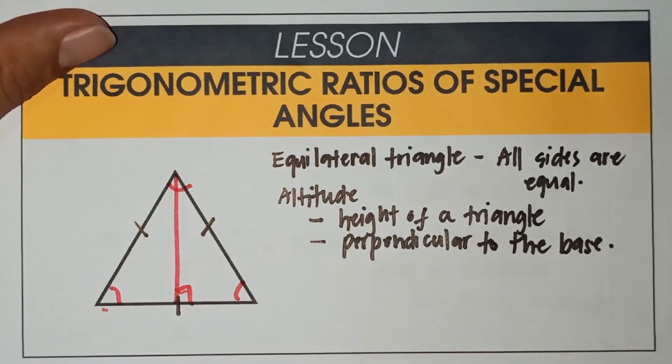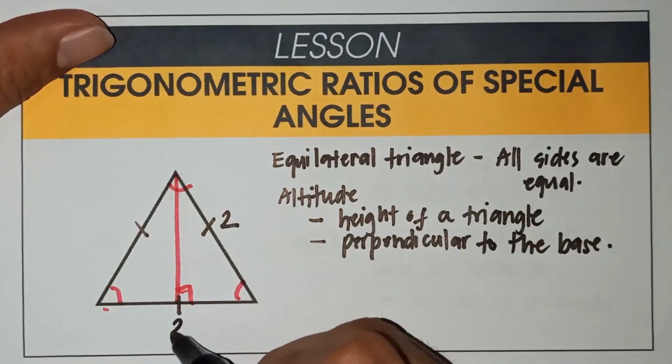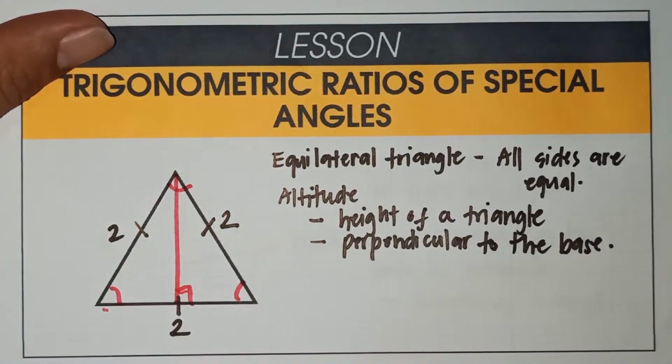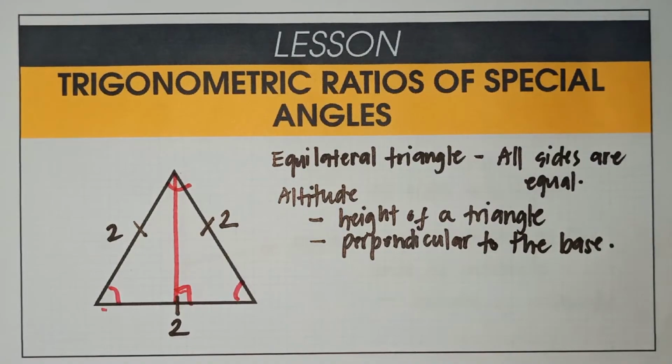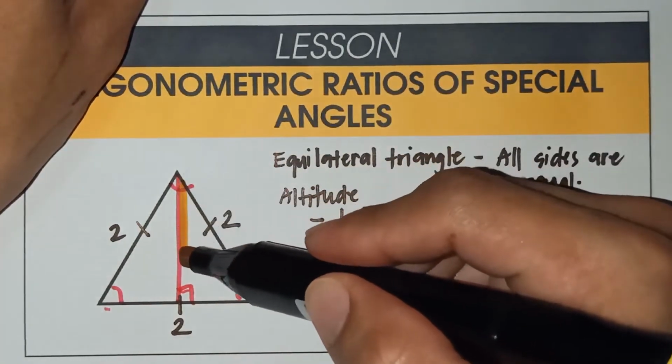Since all of the sides are equal, let's say this is 2, the other one is 2, and the other one is 2. So this is now our equilateral triangle. We were able to have another triangle, which is this triangle.